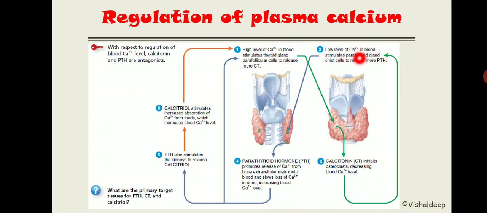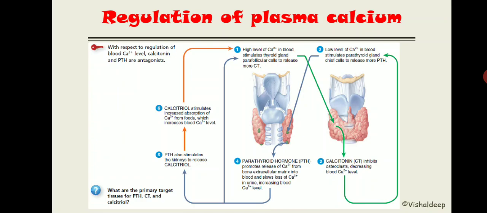Once the calcium level is low, this low level of calcium will stimulate the parathyroid gland and increase the parathyroid hormone secretion, and the parathyroid hormone ultimately is going to increase bone resorption and increase the calcium level directly, and by stimulating the calcitriol, it increases the absorption of the calcium. This is all about the regulation of the plasma calcium.